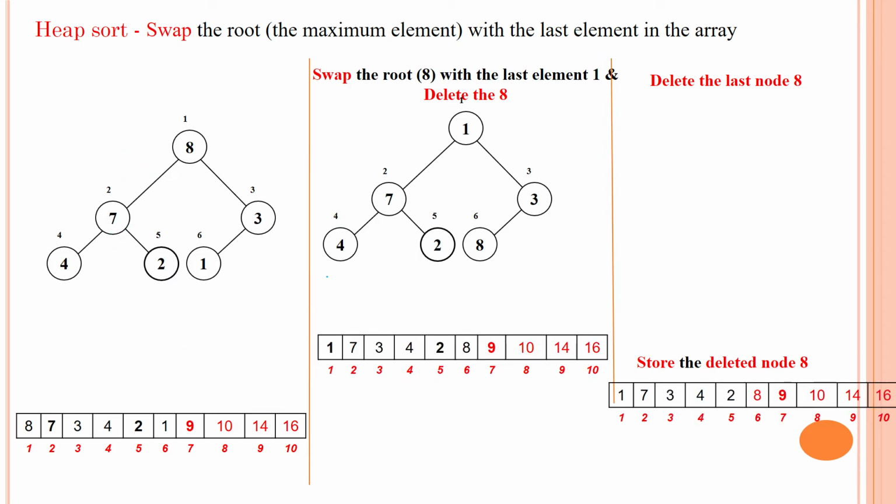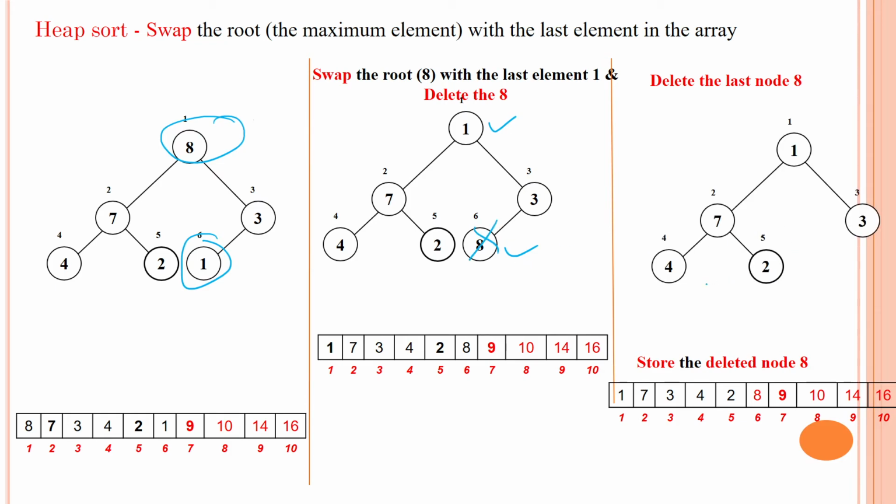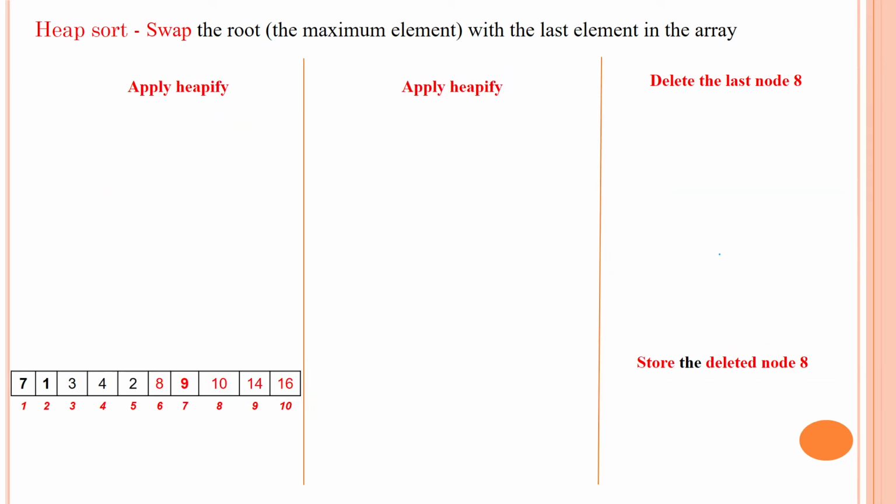Once it is satisfied, now we will apply the swapping process. 8 and the last index 1, so 1 becomes the parent, 8 becomes the last node. So now we are deleting the 8. Once it is deleted, we will get the tree like this. Again we are checking the heap property, it is not satisfied. 7 is greater than 1, so we will swap it.